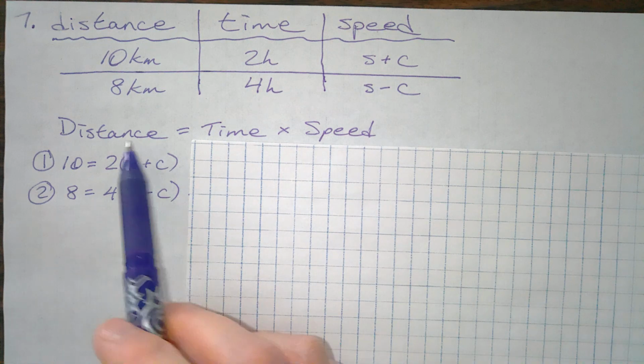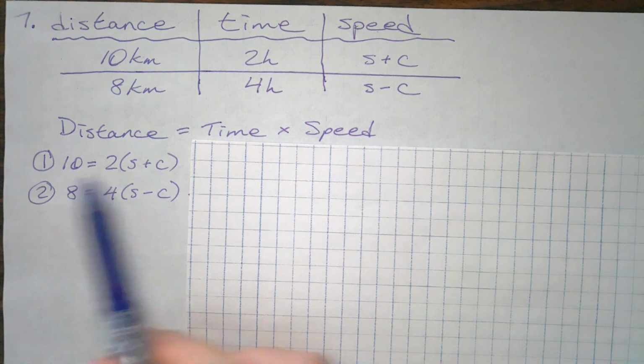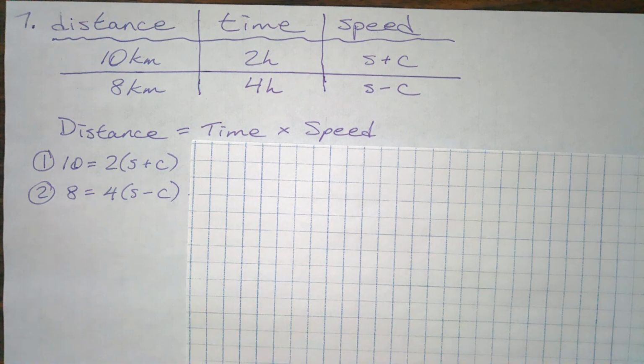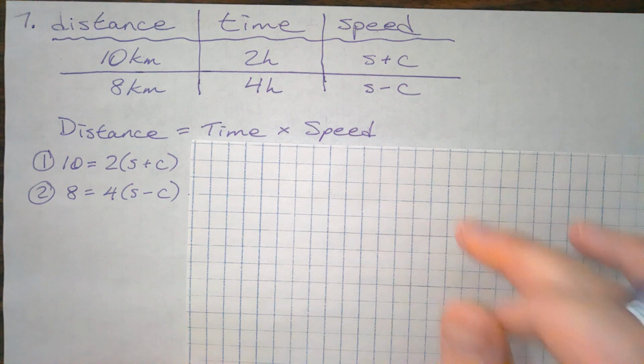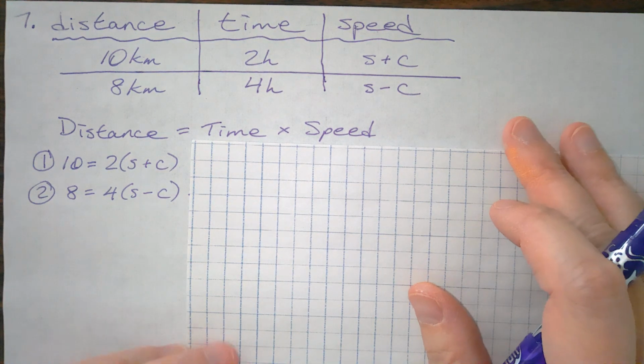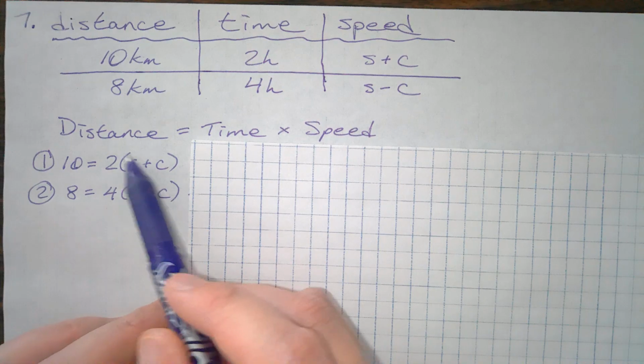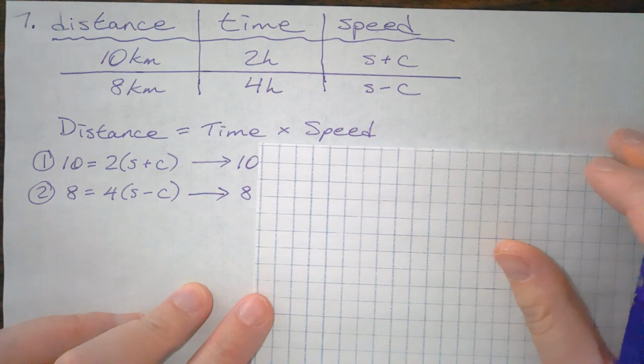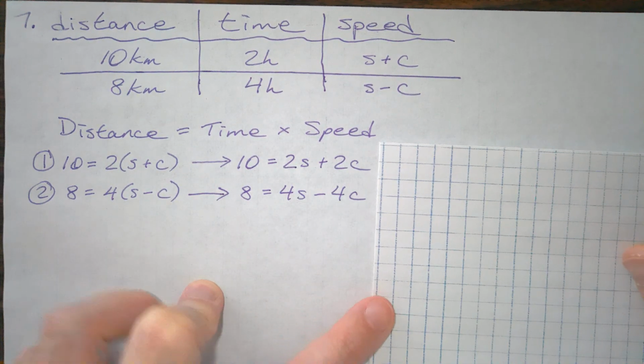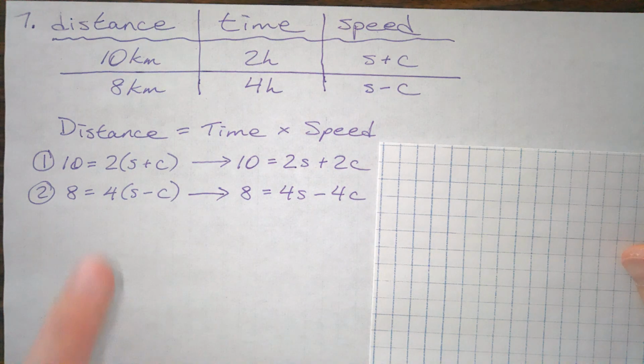Distance equals speed times time, so that's how I set up my 2 equations. I'm going to go ahead and solve this one. When we distribute the 2 to everything inside the bracket, we get this, and when we distribute the 4 to everything inside the bracket, we get that.